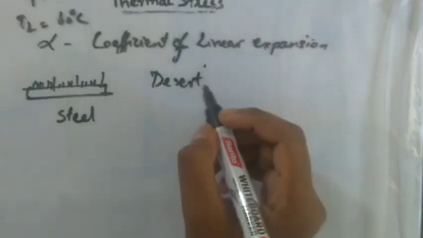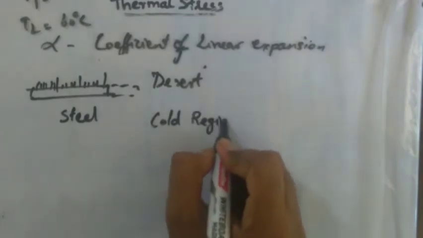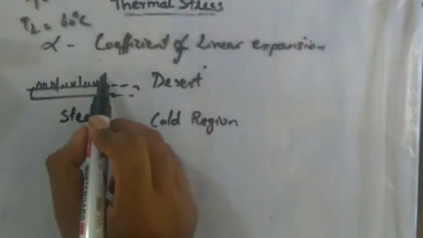What happens if this material is steel? In desert conditions, there will be so much heat and the tape gets elongated. When I go to Himalayas or Antarctica, the cold regions, it gets contracted, and I'll definitely get a wrong value in both conditions.